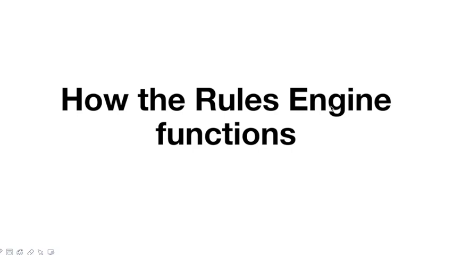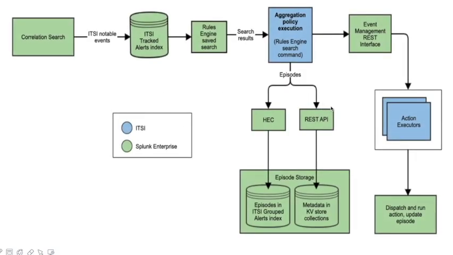So let's move on to how the rule engine works. The rule engine functions begin with the correlation search. Now we will discuss it through a diagram. This begins with the correlation search.